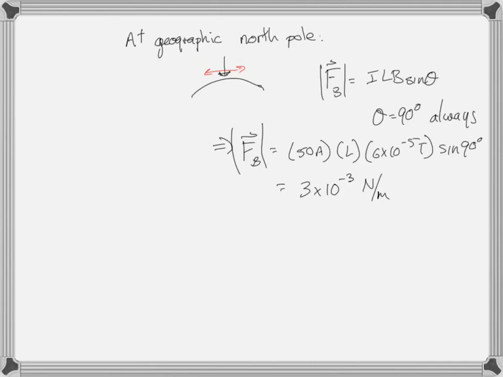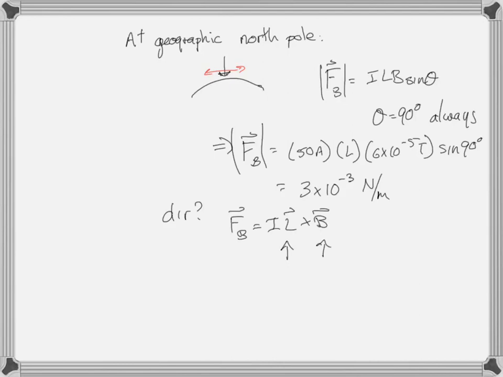So in that case, the direction of the force is always going to be perpendicular to the magnetic field, because, again, I'm going to write it yet again, IL cross B. It's always perpendicular to the direction of the current and the direction of the magnetic field.